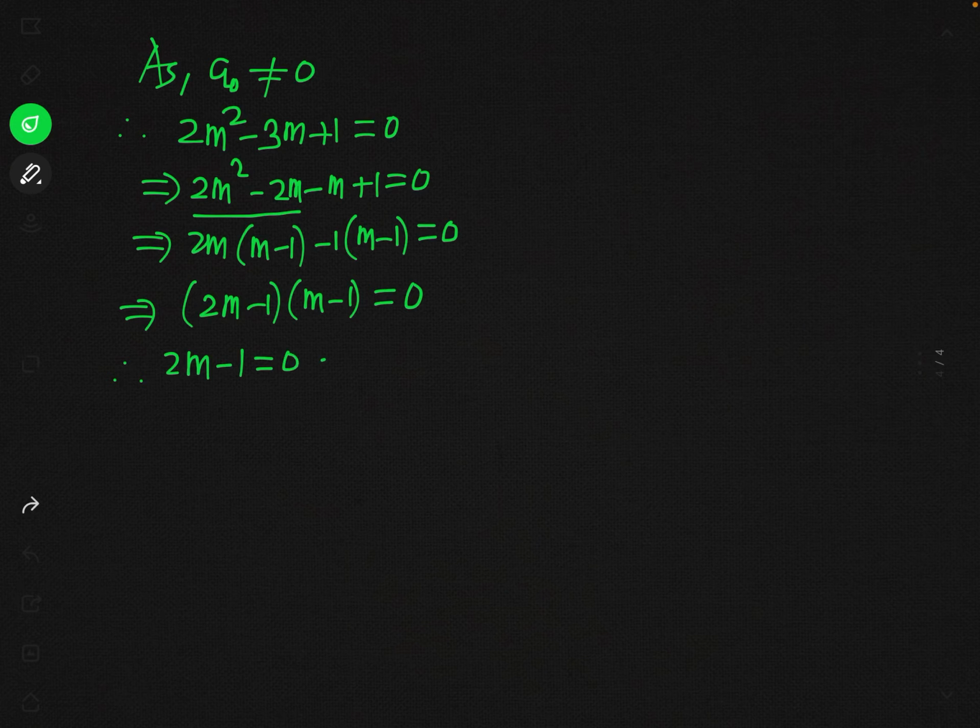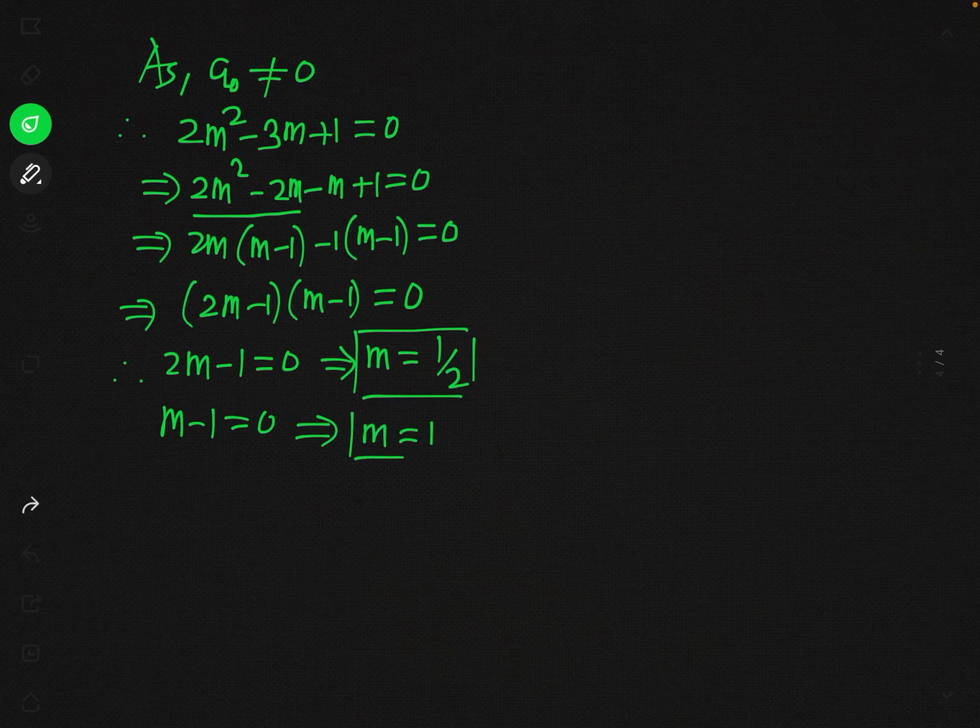So when 2m minus 1 is 0, then you can see m will be equal to 1 by 2. So this is one of the roots of this quadratic equation. And again, when m minus 1 equal to 0, then you can see that m is equal to 1.